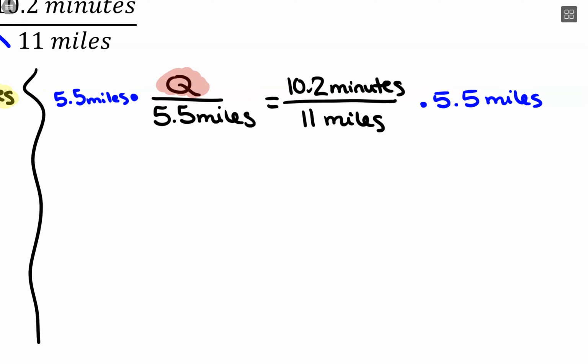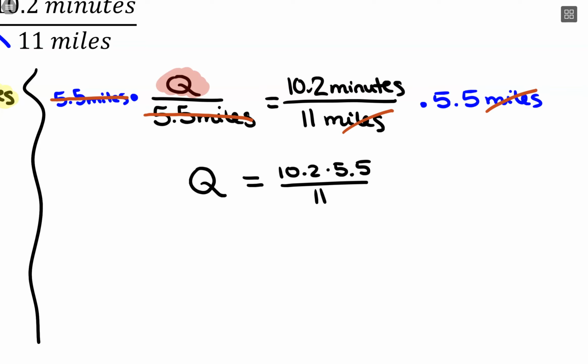So on that left-hand side, 5.5 miles divided by 5.5 miles will just leave us with Q equals, and then over here we'll have 10.2 times 5.5 being divided by 11. And then for units, miles cancels out, so we're left with minutes.